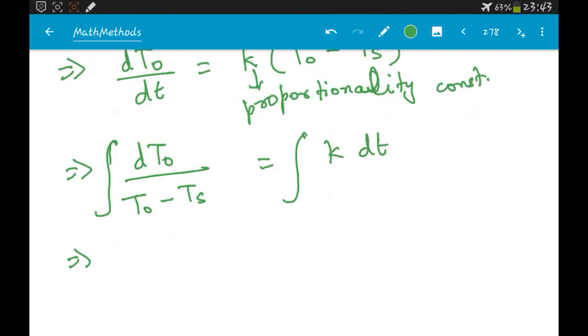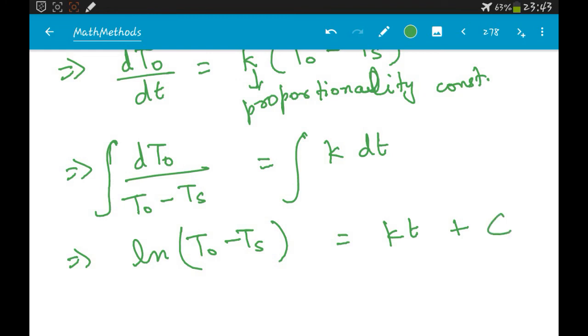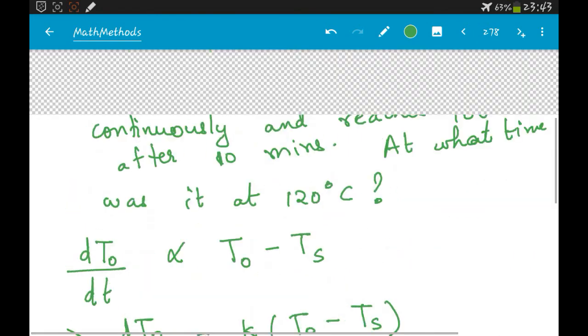And you will get ln(T0 minus Ts) is equal to Kt plus C. Alright, so this is the solution, and this is your integration constant.